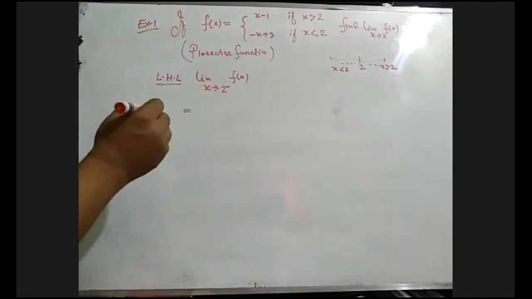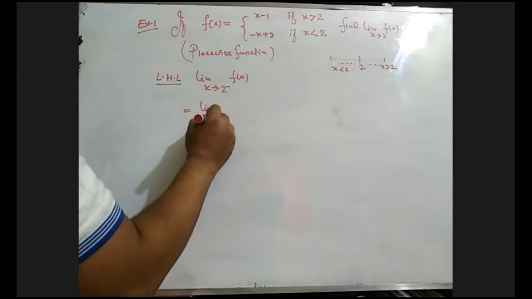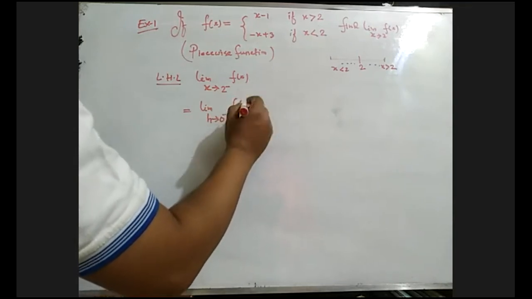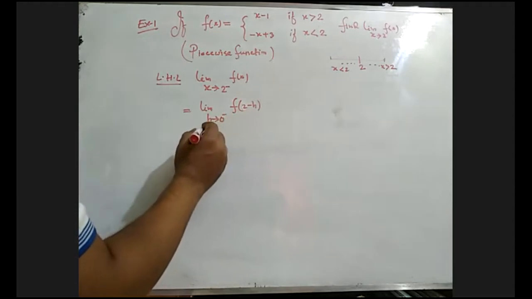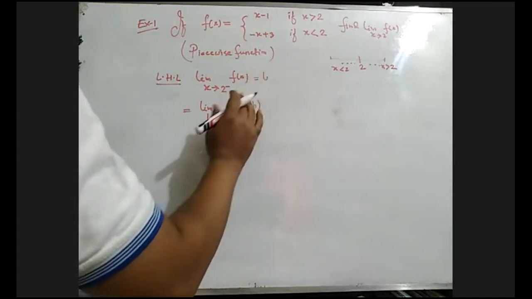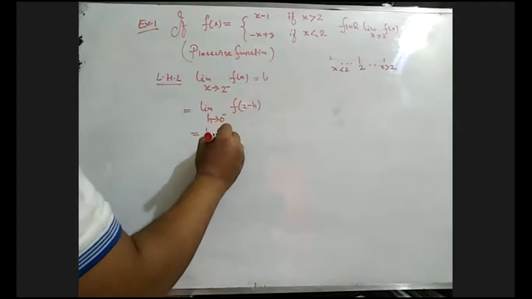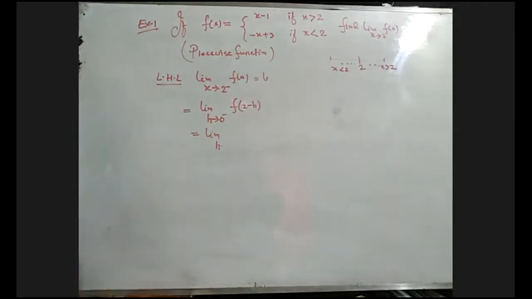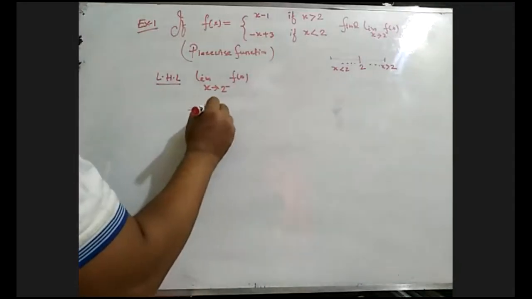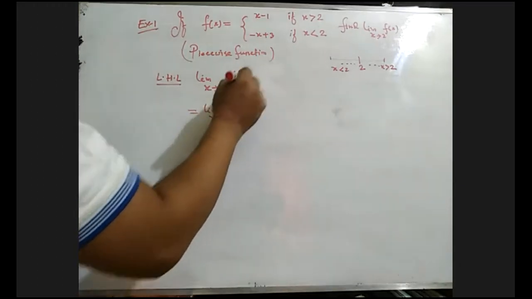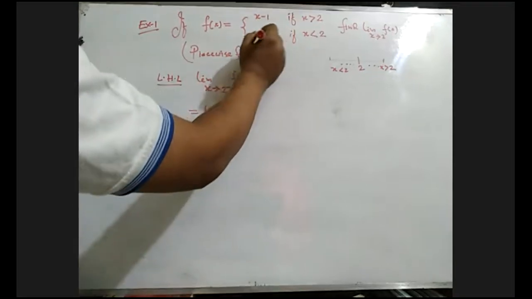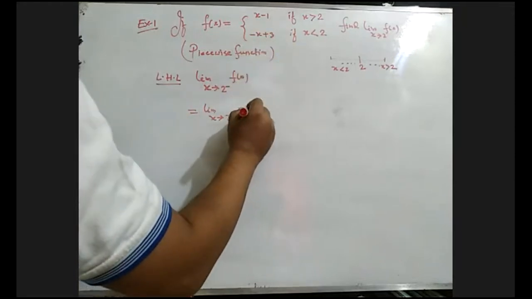By the a's method, a tends to 0, so x is 2 minus a. Taking the direct one, as x tends to 2 from the left, in which function is x less than 2? It is minus x plus 3.